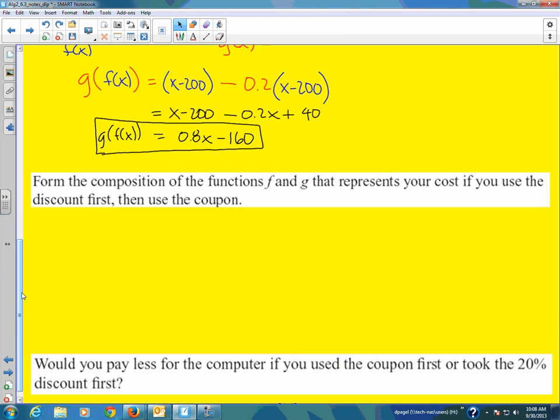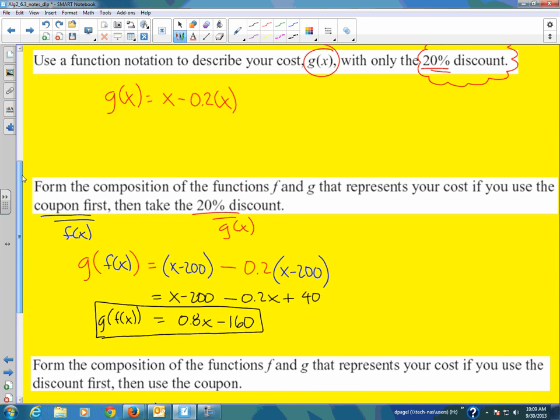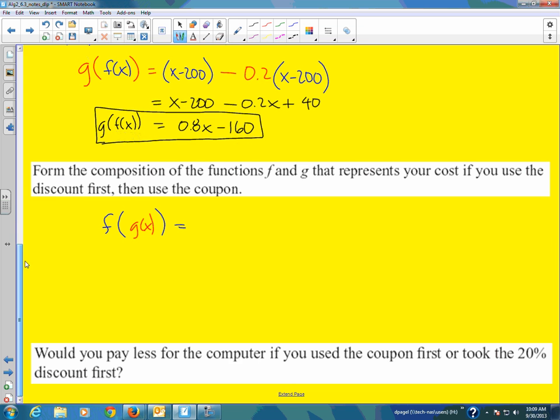Now we're going to go the other way. So now we're going to go f of g of x. We take our f function, which is x minus 200, and we replace the x with g of x, which again is x minus 0.2x.